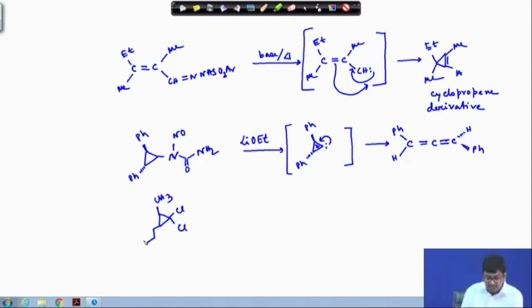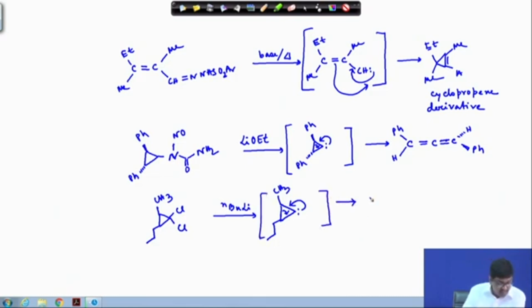This cyclopropane with this dichloro, and now if we treat with n-butyllithium, then again, as per our previous experience, we know that it will give the corresponding carbene. Okay. Now, this is ready for the rearrangement, and once it rearranges, then it will give the desired allene type product, and here it will be this allene.